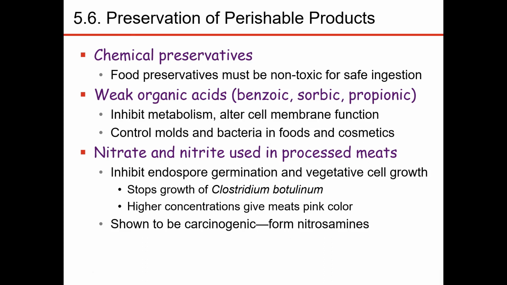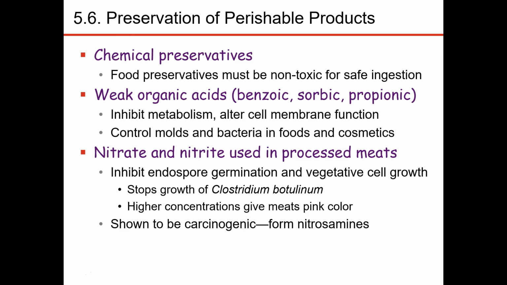So some of the things that we can use: weak organic acids, so benzoics, sorbics, and propionics. This is going to inhibit metabolism, so it's going to slow down the growth. Again, it's not going to kill, it's just going to slow down the speed that they're able to grow, and so this could be not only infectious agents, but also ones that are involved with spoilage.